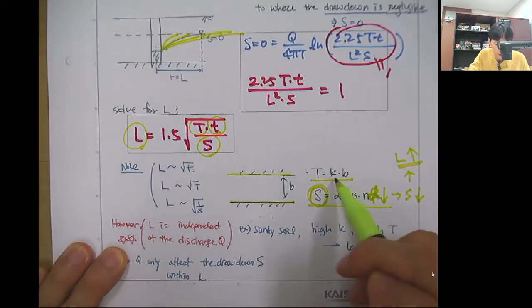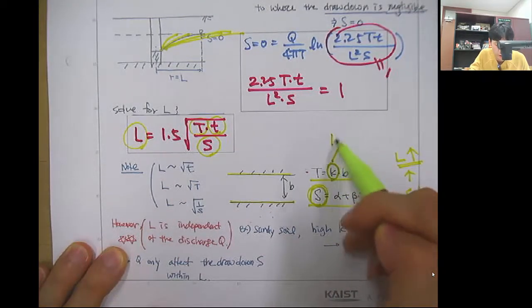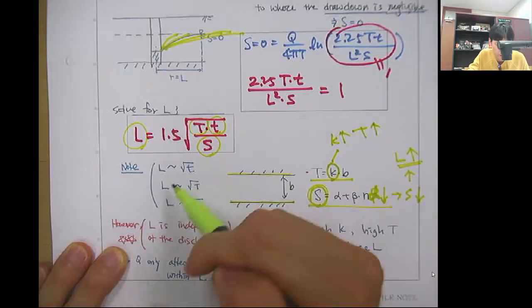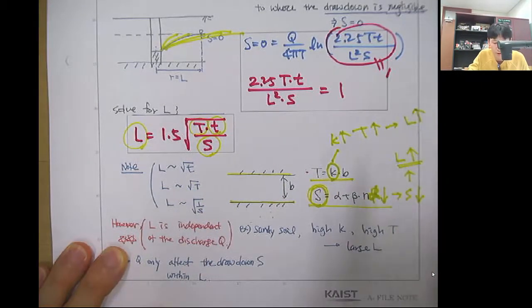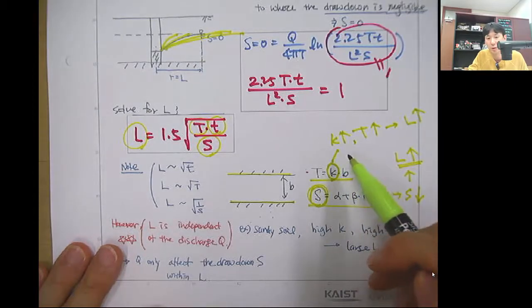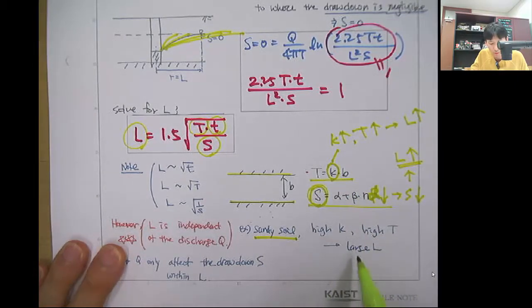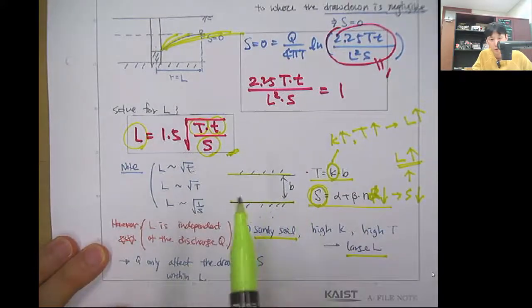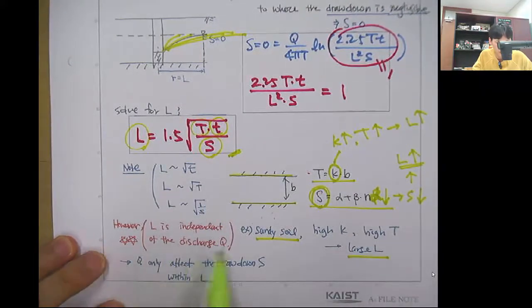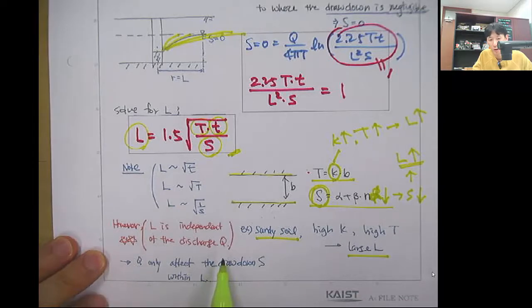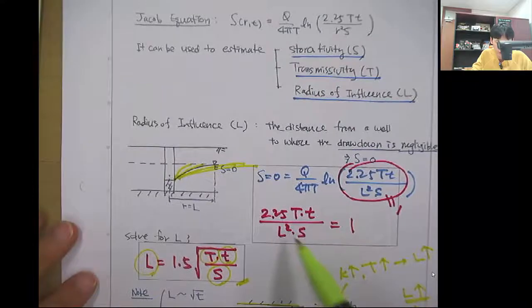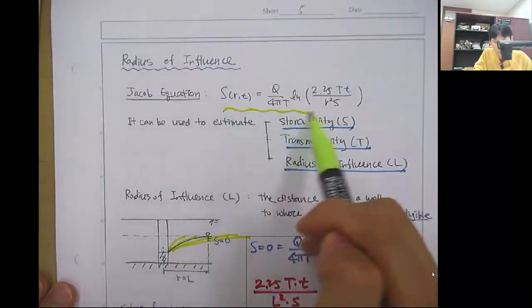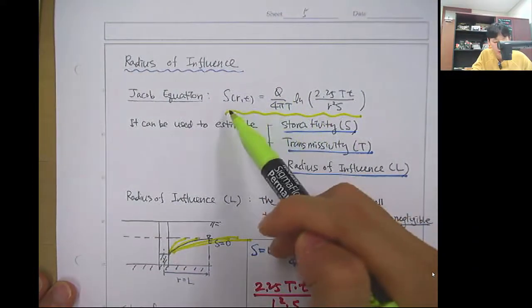And what about the K here? As the K increases, T increases, so that the L also increases. So high permeability soil, like sandy soil, will have a large L. However, you can see that this equation doesn't have Q. So L is independent of the discharge rate, Q. Q only affects the drawdown s within the L. From this equation, Q affects the s.